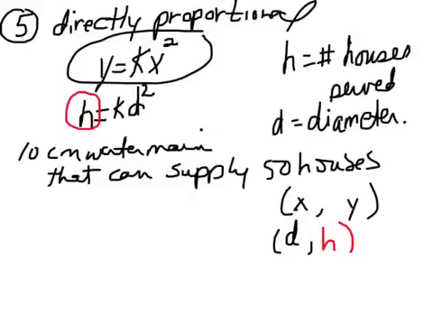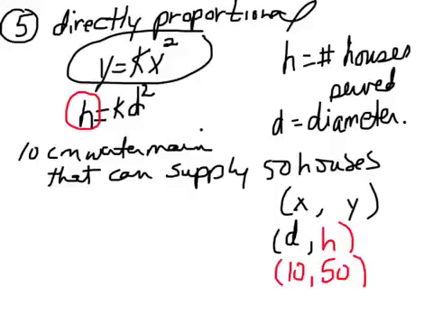So if I write it like that, they're telling me my diameter is 10 and the number of houses served was 50. There's a point that I can use to try to figure out my equation, right? So they're telling me what kind of equation I need and how to write the general form of it. And then they're going to give me a specific point, and I have to make sure that I've got these variables all matched up right.